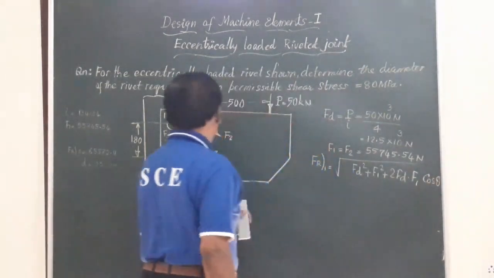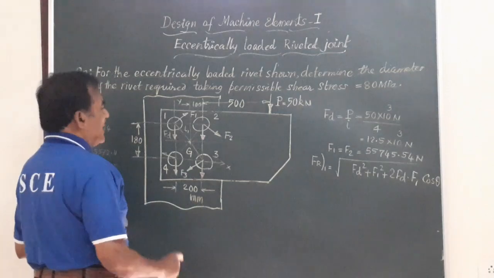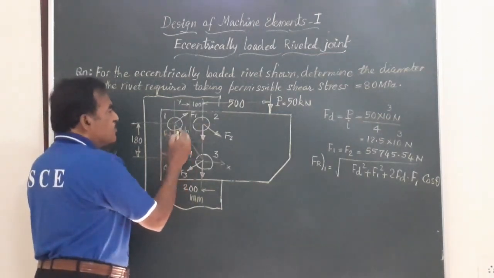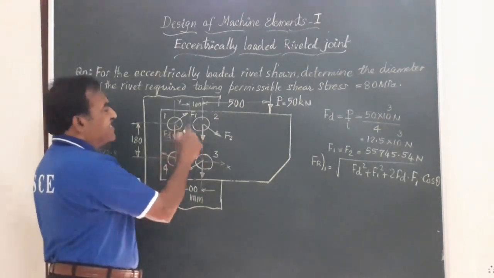What is that theta? Theta, friends, is the angle between the direct load and the secondary load, so this is more than 90 degrees.